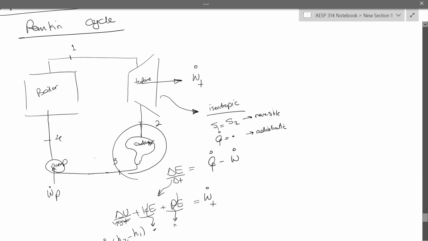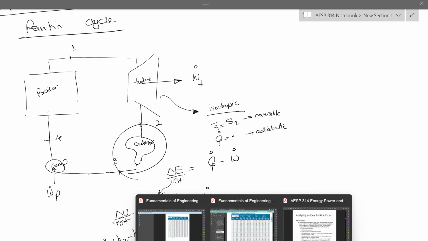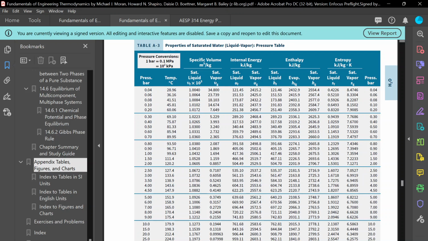So we said this process is isentropic, this process is also isentropic. So if you have the entropy at station 1, you have the entropy at station 2. If you have the entropy at station 3, you have the entropy at station 4, right? So it's probably not a bad idea to record the entropy as well.